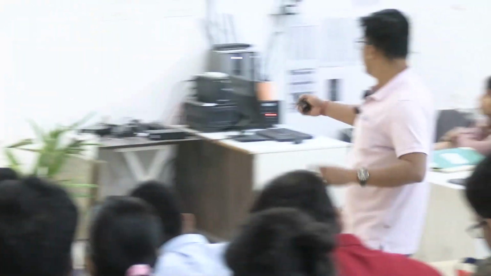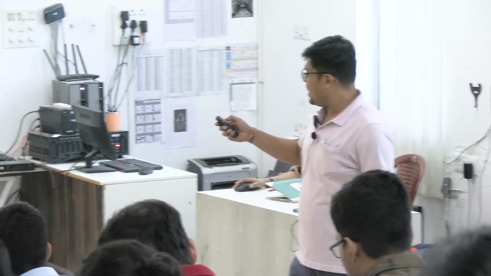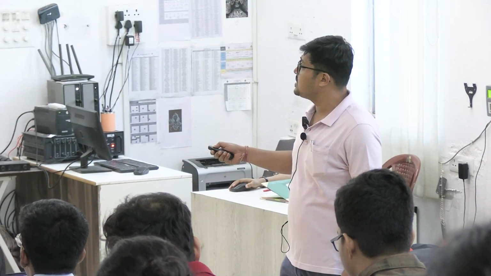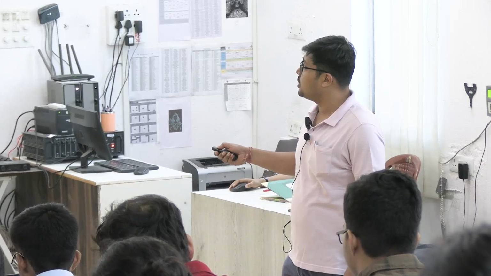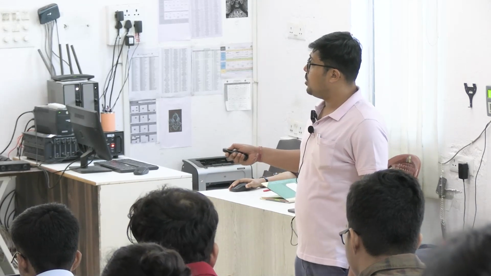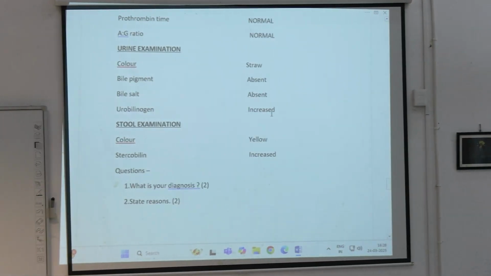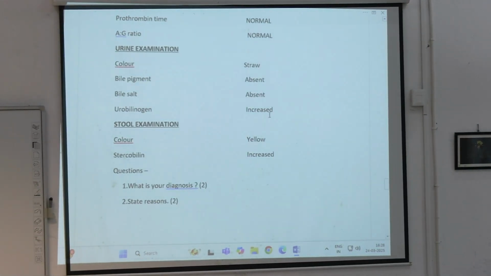Okay, so total bilirubin is 4.9 milligram%, and more than 85% of this total bilirubin is unconjugated type. So coming to the urine examination, bile pigment and bile salt are absent and urobilinogen is increased.